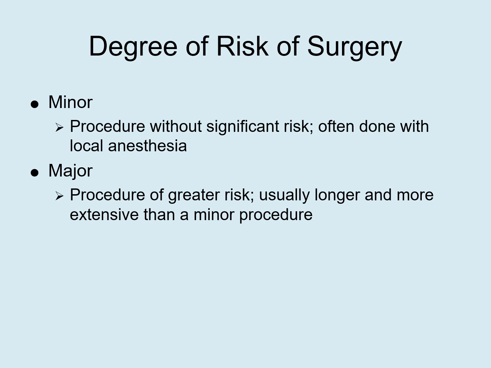So if we're going to go in and implant a port on a patient, that's a minor. Muscle biopsies are considered minor, but major are procedures of greater risk, usually longer or more extensive than a minor procedure. They give a few examples of that. It would be mitral valve replacement, pancreas transplant, lymph node dissection.